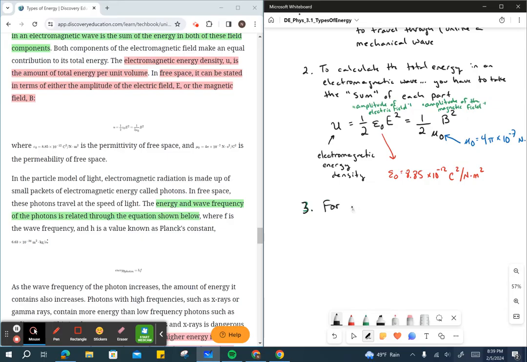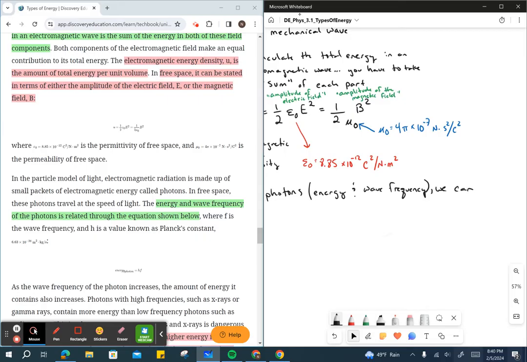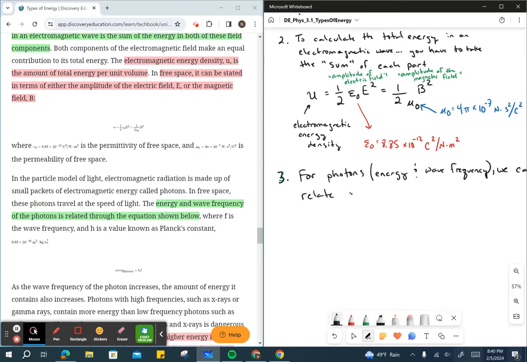For photons, we can relate their energy and wave frequency as follows.